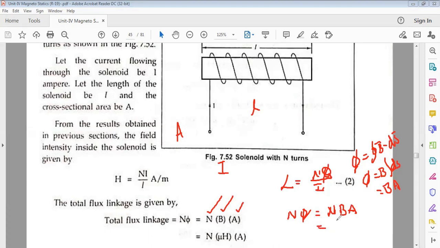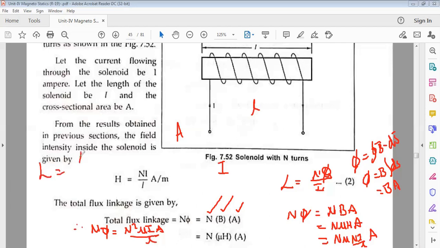And you can change the magnetic flux density into the magnetic field: N into mu H A. What is H? We got N I by L. So N into mu N I by L into A. So N squared, therefore N phi is equal to N squared mu I A by L. But we need to find the inductance.